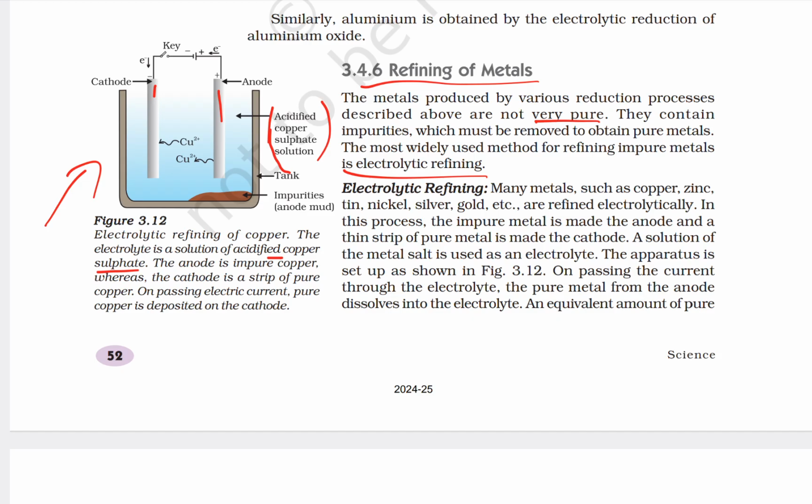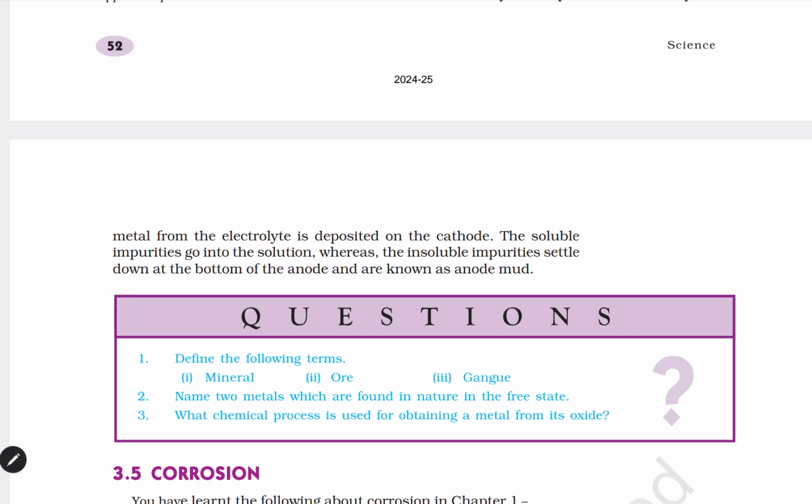A solution of the metal salt is used as an electrolyte. The apparatus is set up like this, with the pure metal. In this process, electrolytic refining, we refine metals like copper, zinc, gold, silver, etc. As we are showing in that setup, we have a cathode and an electrolyte.